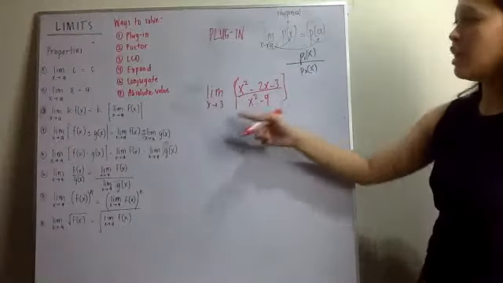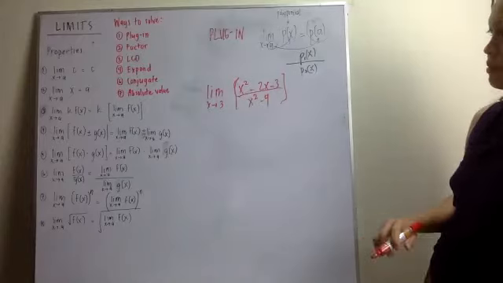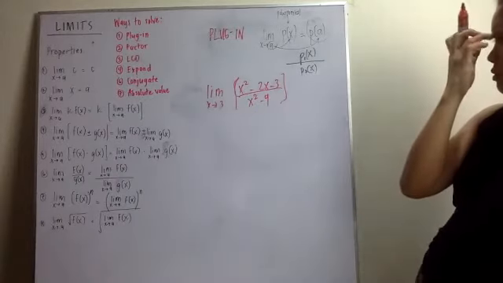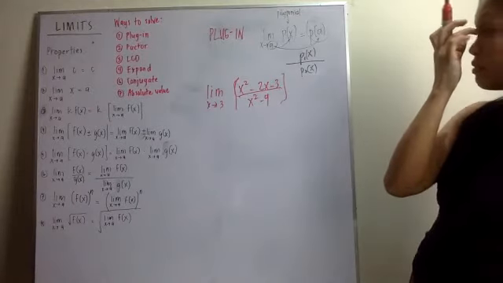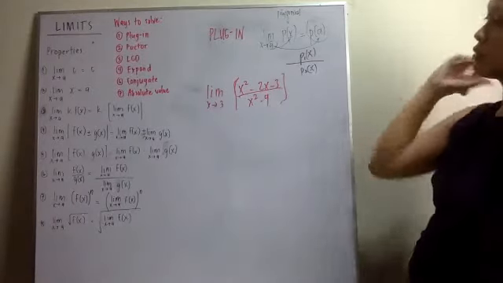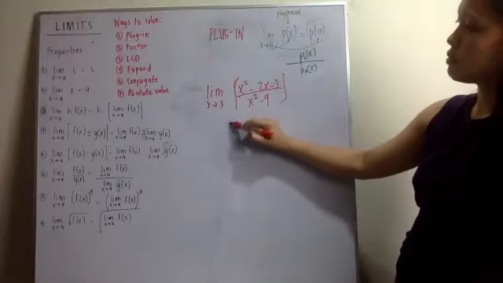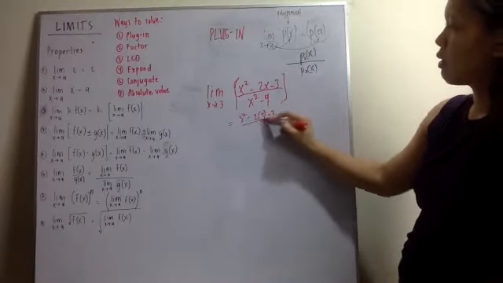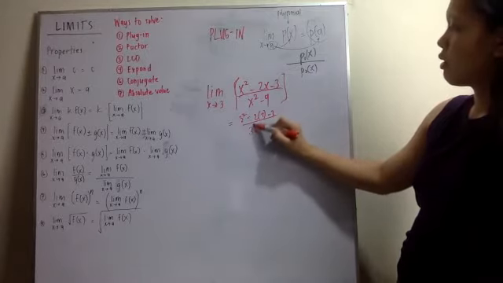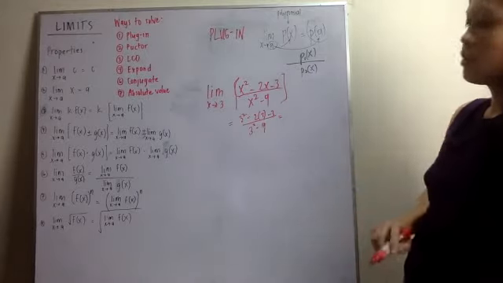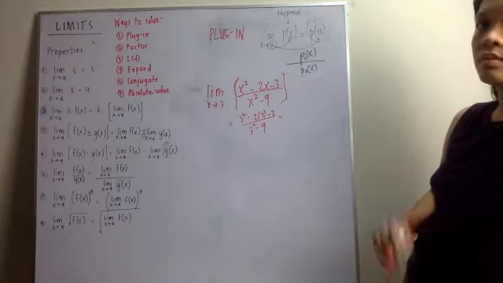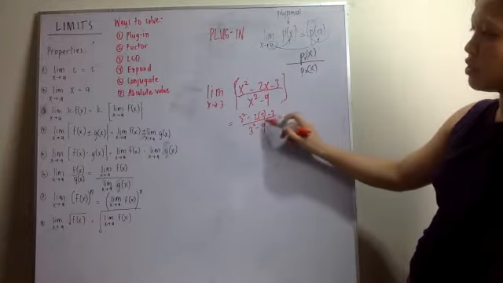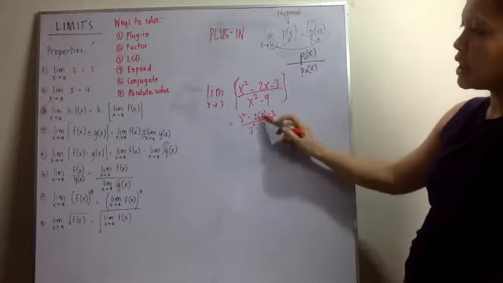If you plug in 3, ano makakuha mo sagot? Three squared minus 2 times 3 minus 3. If you add itong dalawa, magiging negative 9.